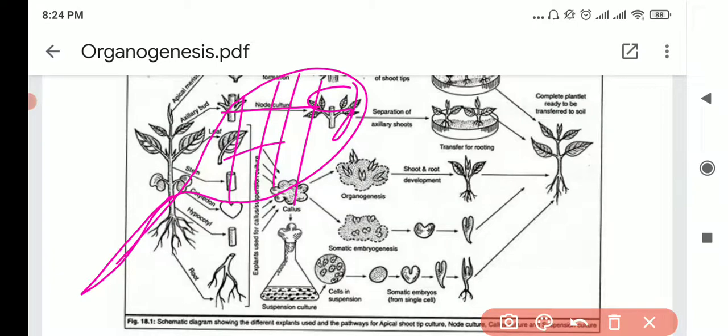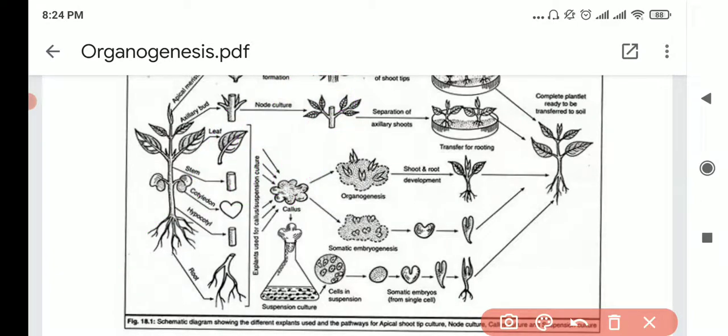So in this method, you don't need to wait for the plant to produce a seed, then dissect and see inside. Here you can directly get your somatic embryos. Somatic embryos means the embryo formed without fertilization. Somatic cells are not the germ cells.